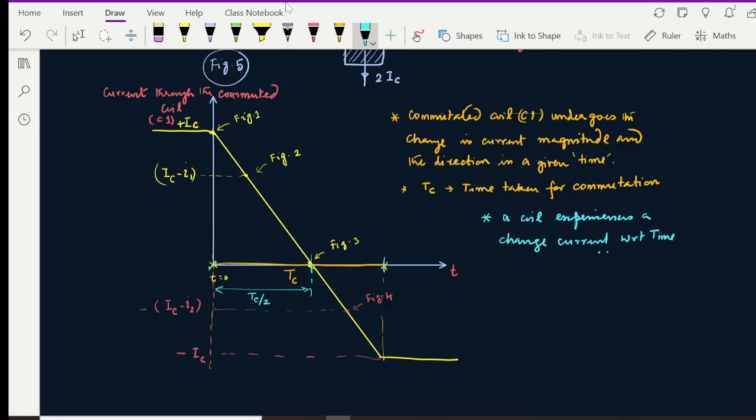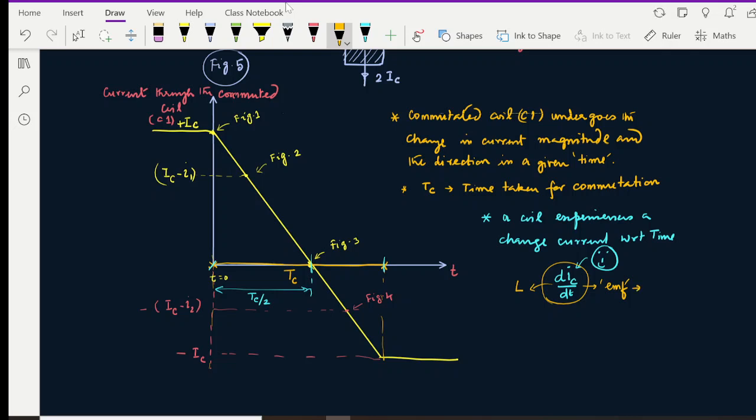Now this statement is actually interesting, because the coil is experiencing change in current, right? This is what I can write mathematically. So if that particular coil has an inductance, then naturally there is an induced EMF.